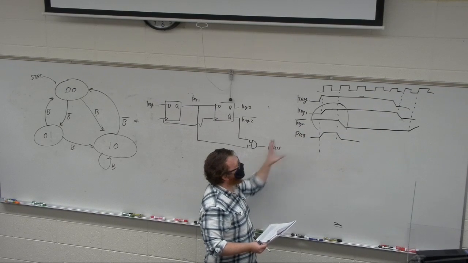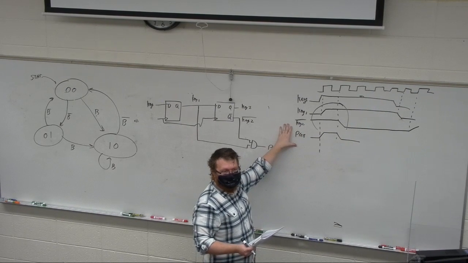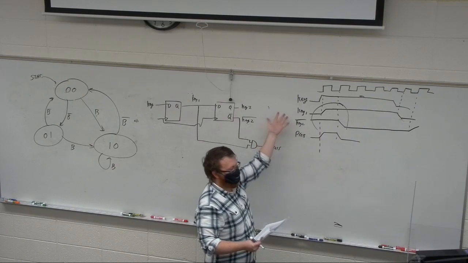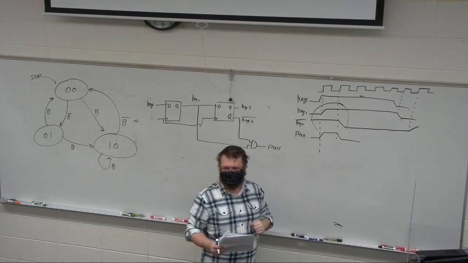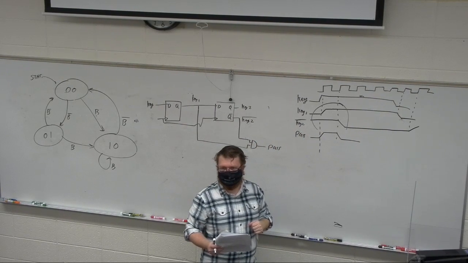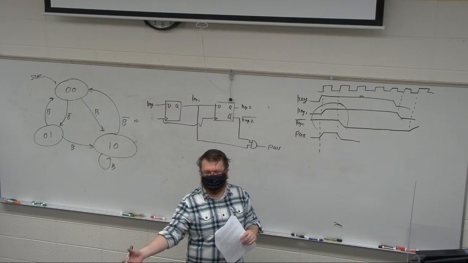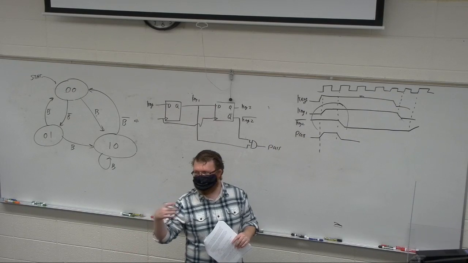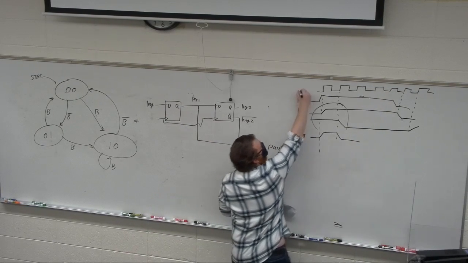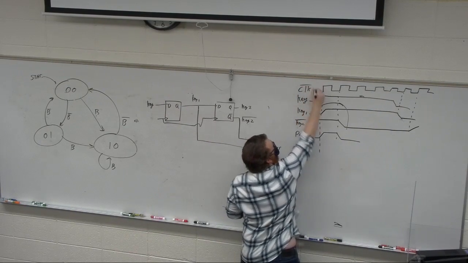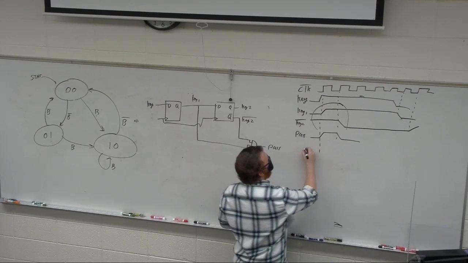what happens if the input to this is not clock instead of clock, right? Then if the rest of the system is built on clock and this is built on not clock, what does clock look like?